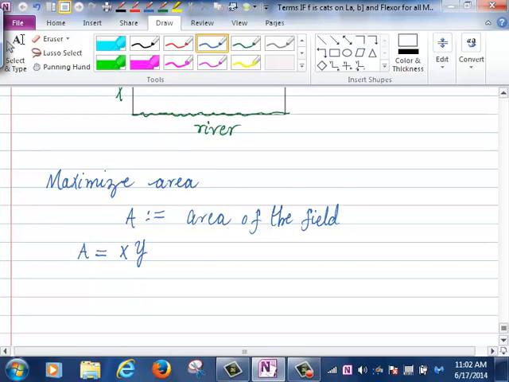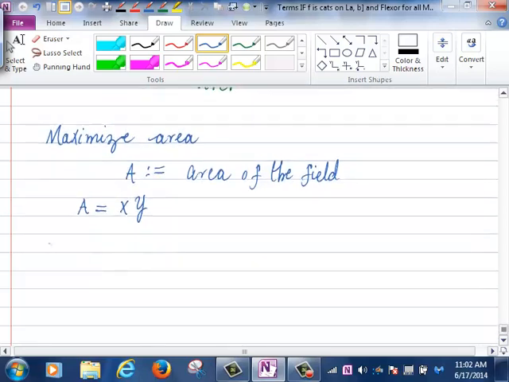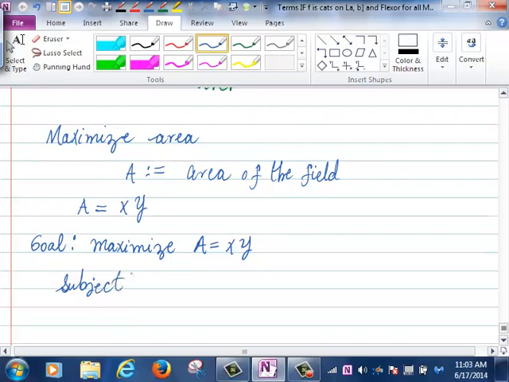So what is our goal then? Our goal is to maximize the area, subject to what? So what's the restriction though? If I can pick any dimension I want, then I can make area to be anything I want. But there is a restriction, right? We have limited resources. So we want to maximize subject to what restriction?